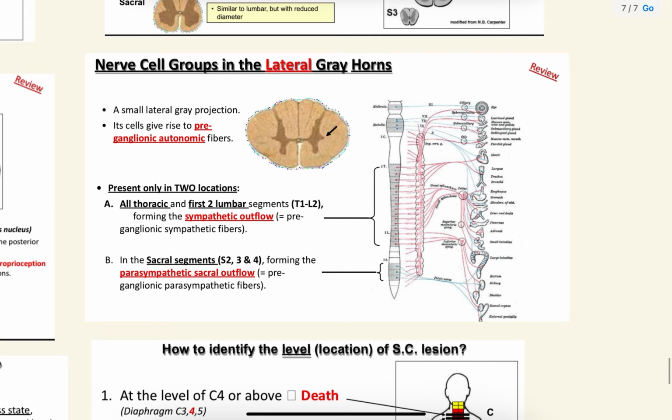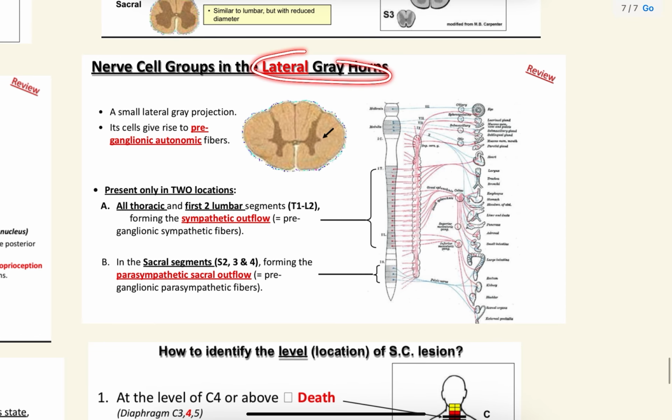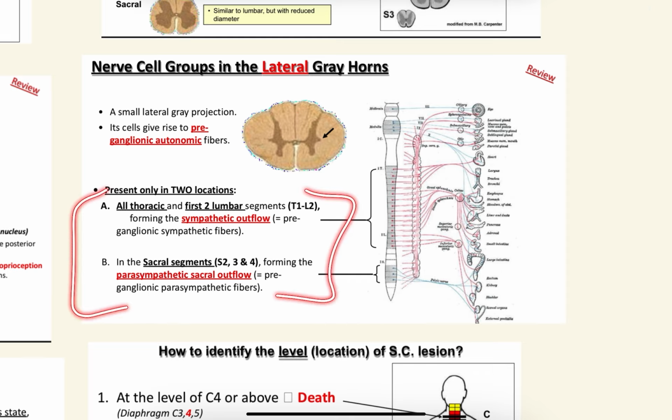Okay? Here, it tells us for the lateral gray horn, so a small lateral gray projection, its cells give rise to the preganglionic autonomic fibers. Now, what's important is this one. It is present in two locations. So we have all the thoracic and the first two lumbar segments, T1 to L2.